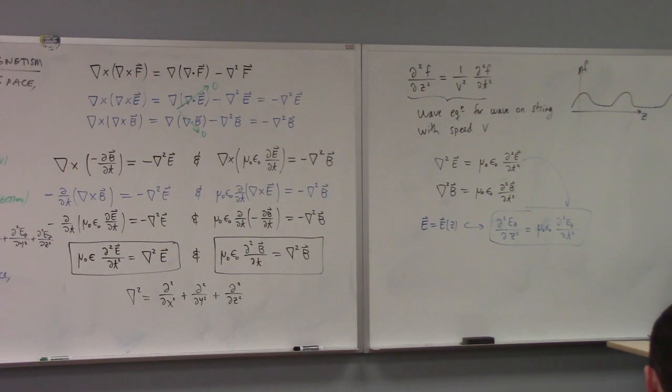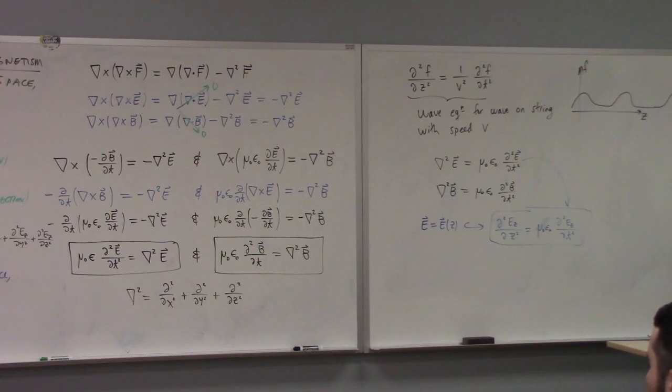E could have other components besides the z component. This is just a special context. Waves are much more general than this, but in that context, E just has a dependence on z. I'm not saying it's 0 in x and y, but it has to be constant in x and y. It would be linear. That would be a plane wave, yes.